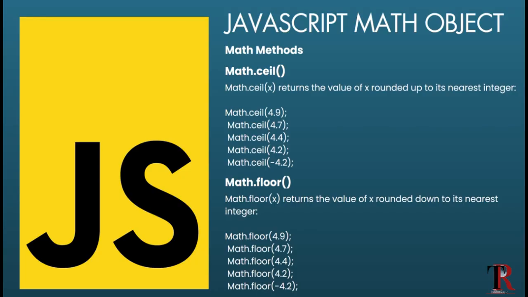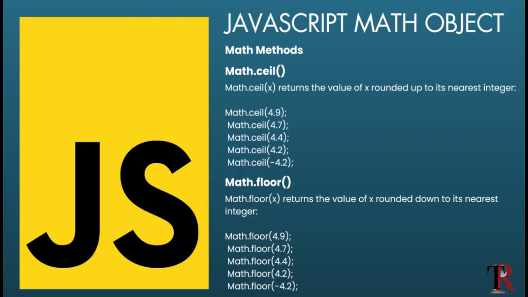And then we also have the Math.floor method, which will return the value of the number rounded down to its nearest integer. So you can see that the two methods here are just like opposites. One rounds up to its nearest integer, while the other rounds down to its nearest integer.